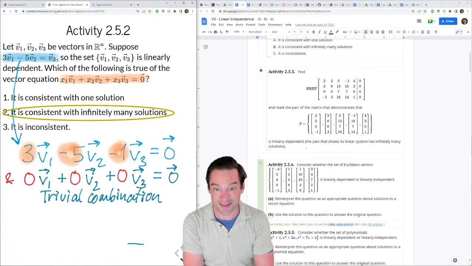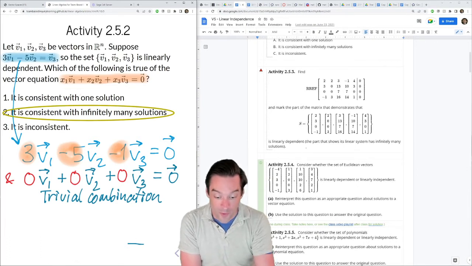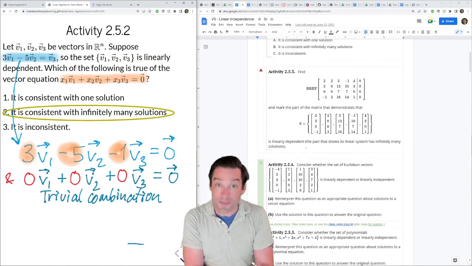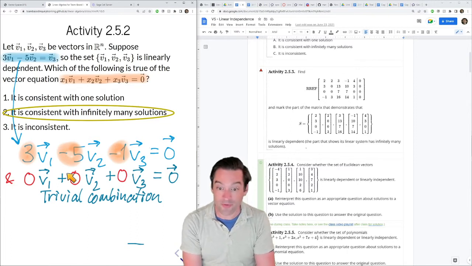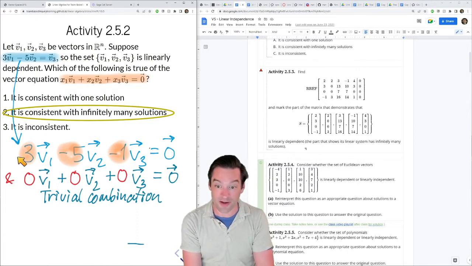Infinitely many. Exactly. So when we have a linear dependence, right, when there is a linear combination of two vectors that give us the other one, then we will have infinitely many different linear combinations that give us that. And another way to say this, right, is that as soon as I have one linear combination of my vectors that's non-trivial, that gives me 0, then I know I have linear dependence. Right?